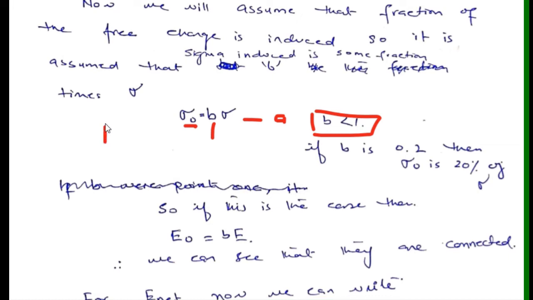So when I replace, E naught equals b sigma over epsilon naught. So I know that this sigma over epsilon naught is equal to E. So I have written E naught is equal to bE.